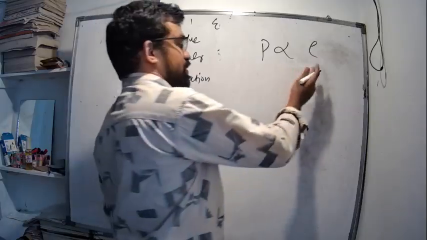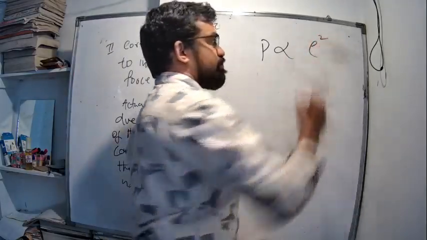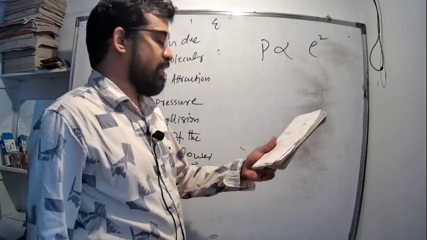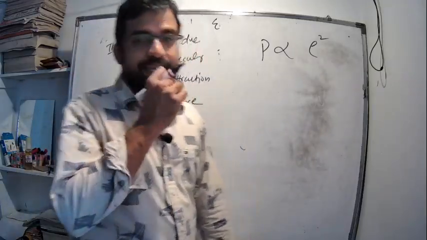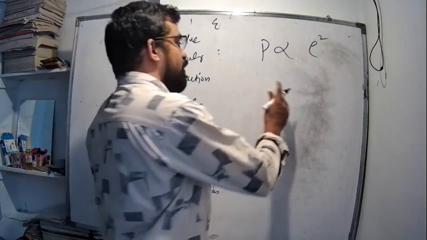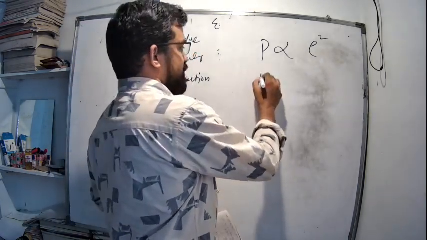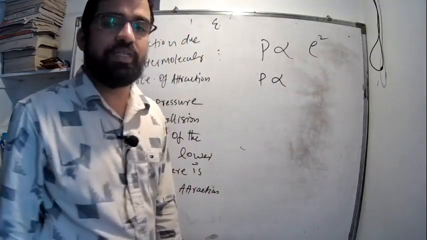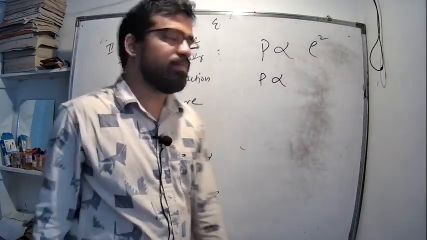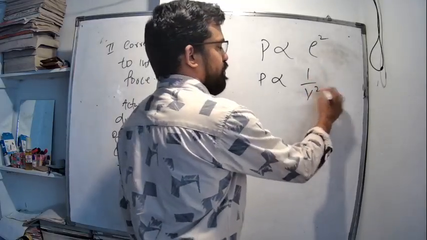Pressure is directly related to the density square. Okay, mass by volume. Pressure is related to the density, which is mass by volume, that is, it is directly proportional to 1 by V square.